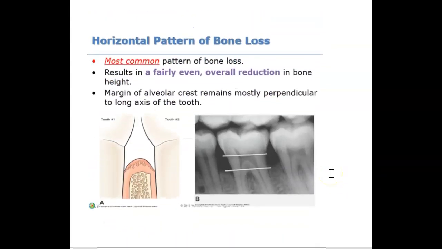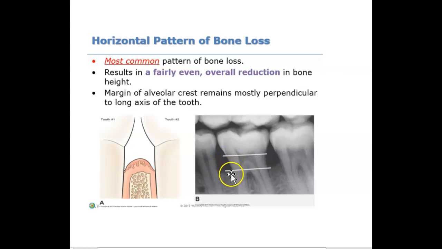When someone is losing bone, there are two patterns that can happen. One is horizontal bone loss, which basically means that when we're looking at the bone in between the teeth, it is a straight line for the most part. When you can draw a straight imaginary line like so, that means it's horizontal bone loss. Normal bone would be right over here, 2 millimeters below the CEJ.